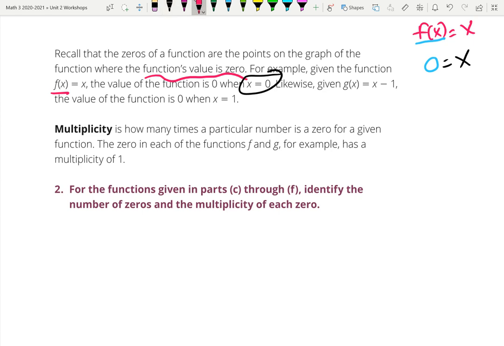Likewise, given this function, g of x equals x minus 1. I'm going to replace the whole g of x with 0. Can you solve this equation? The value is positive 1.